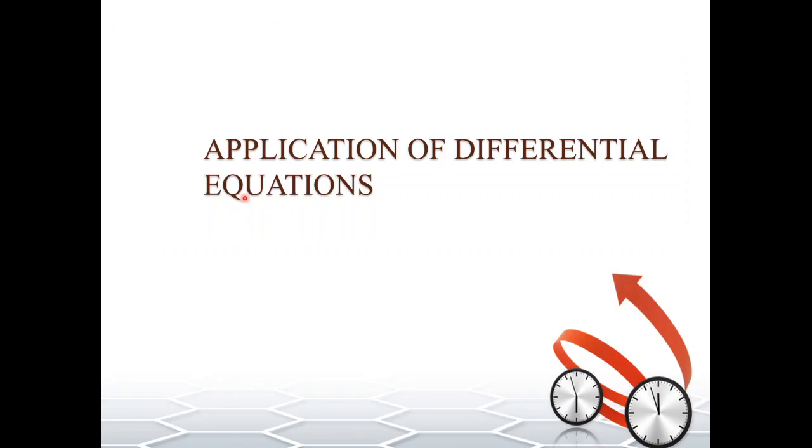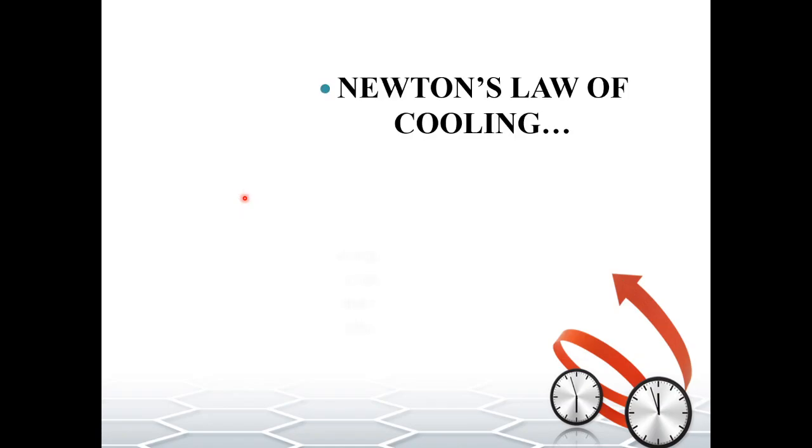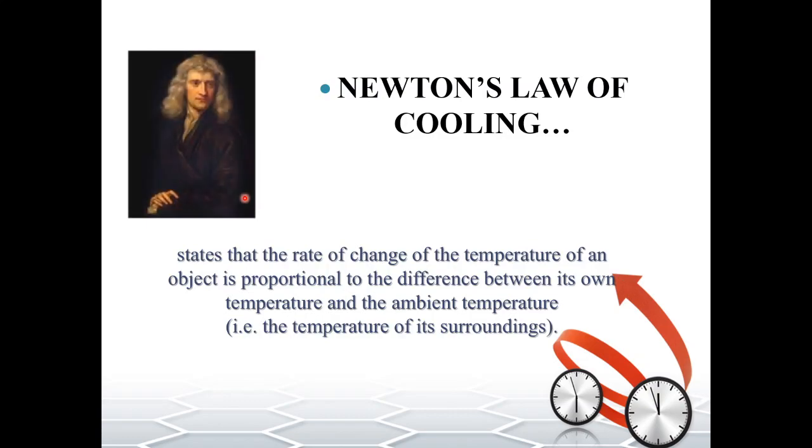Now lastly, what are the applications of differential equations? In the initial slide about the contents of the presentation, I talked about real-time applications. Sir Isaac Newton gave a law, which is called Newton's law of cooling. It is used to determine the temperature and the rate of change in temperature.